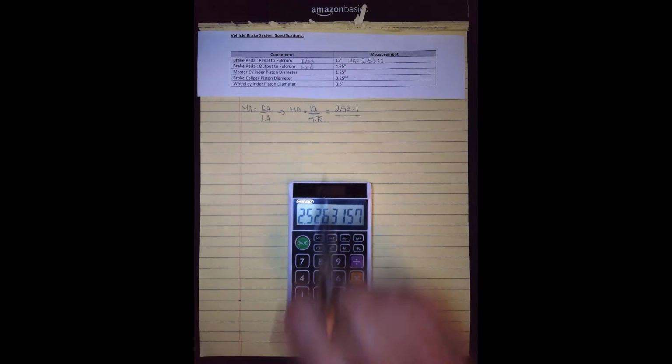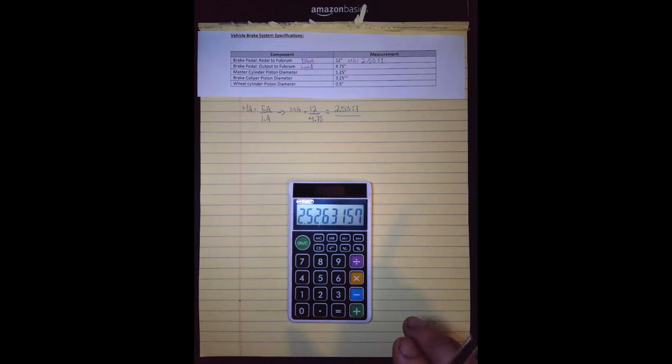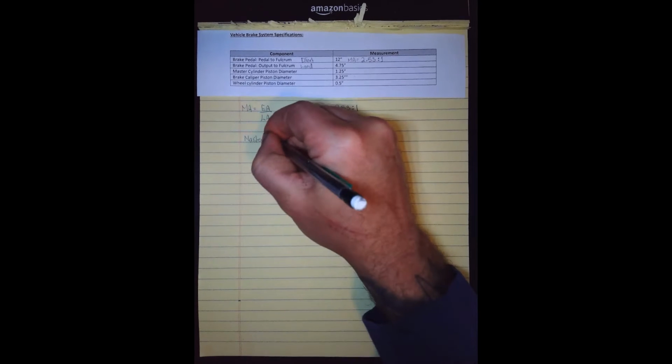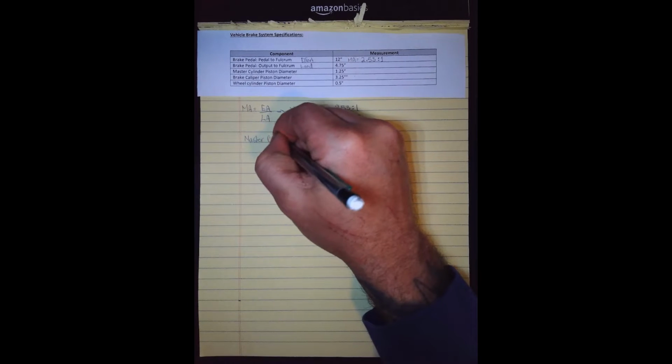Next thing we're going to look at is the master cylinder. We need to know the area of the piston. Master cylinder piston area.